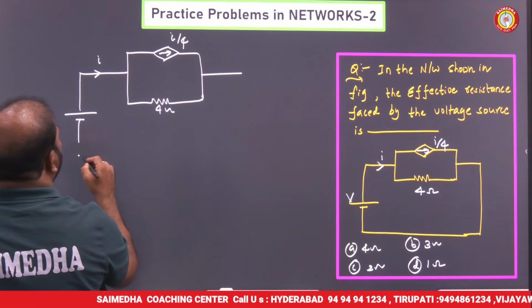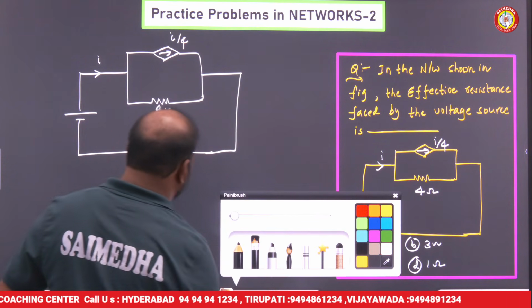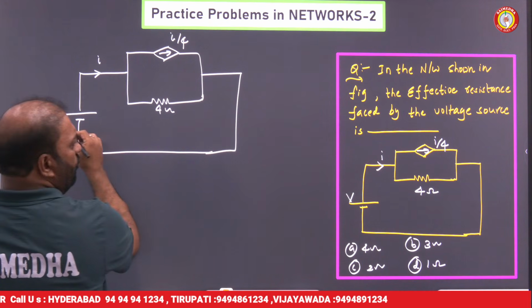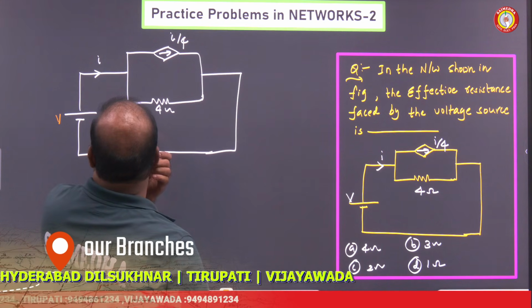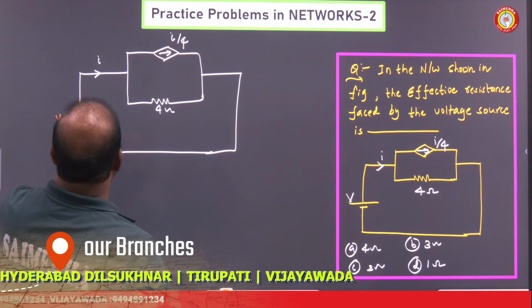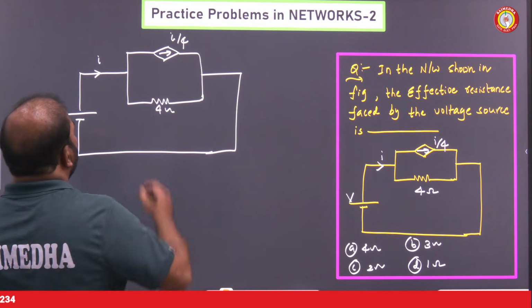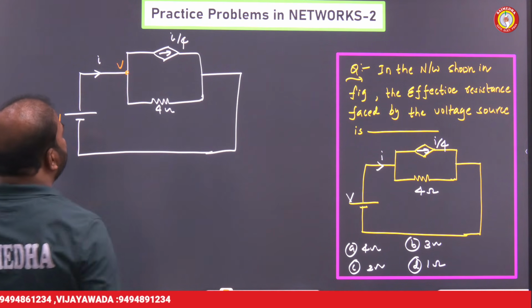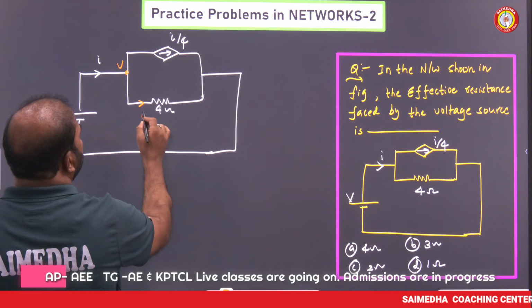Here we have the voltage source like this, so the voltage across this 4 ohms is clearly V. We assume that the current through this 4 ohms is I naught.